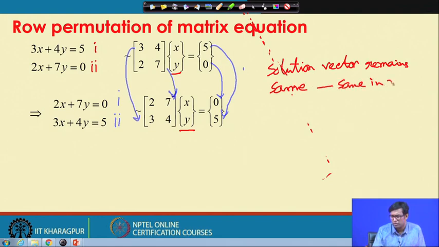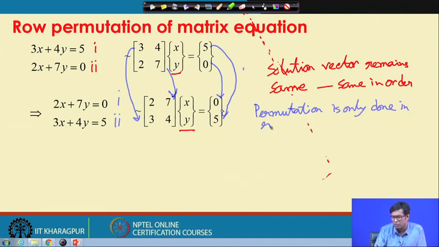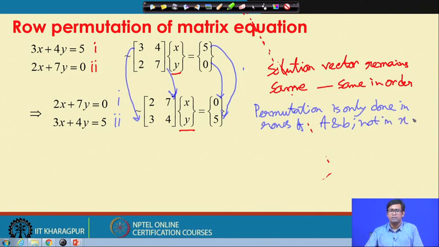So, the permutation is only done in the rows of A and B, not in X. The vector x remains the solution vector, that remains the same one.